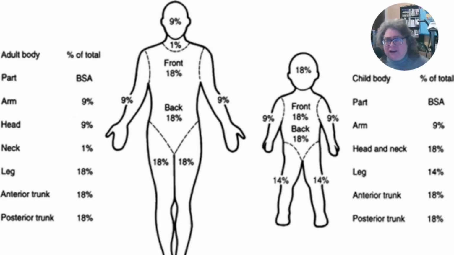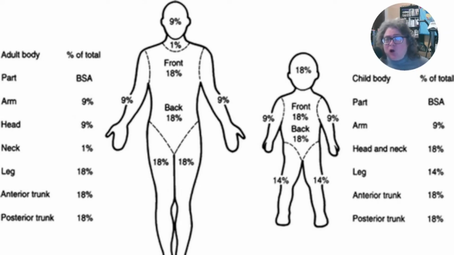You know, the chest and the abdominal area is 18%. The back of the adult, the chest and the upper back and lower back is 18%. So the front is 18% and the back is 18%. Two different things. The arms, same thing with the arms.